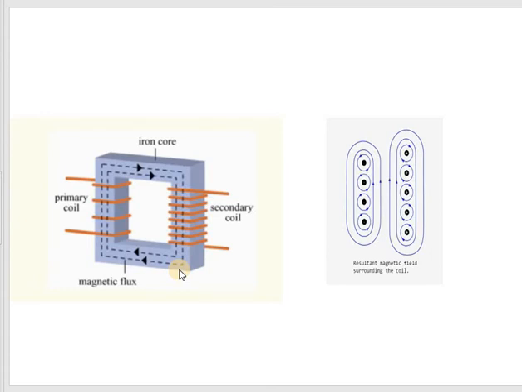The rate of change of flux is governed by the number of turns within the secondary circuit, or secondary coil.